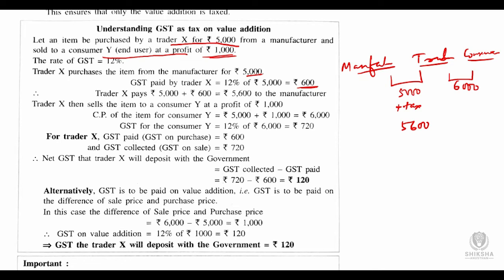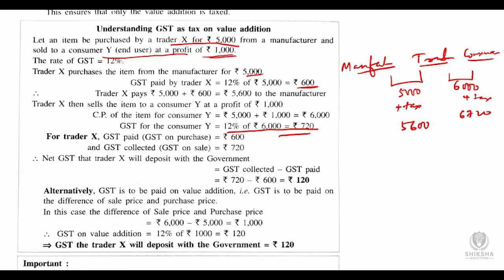Now the trader sells the same item to the consumer at 6,000, at a profit of 1,000 rupees, and he collects 12% tax. The consumer pays 12% tax extra, that is equal to 720. The 12% of 6,000 is 720. So now it becomes 6,720. So what is the tax paid by the trader?